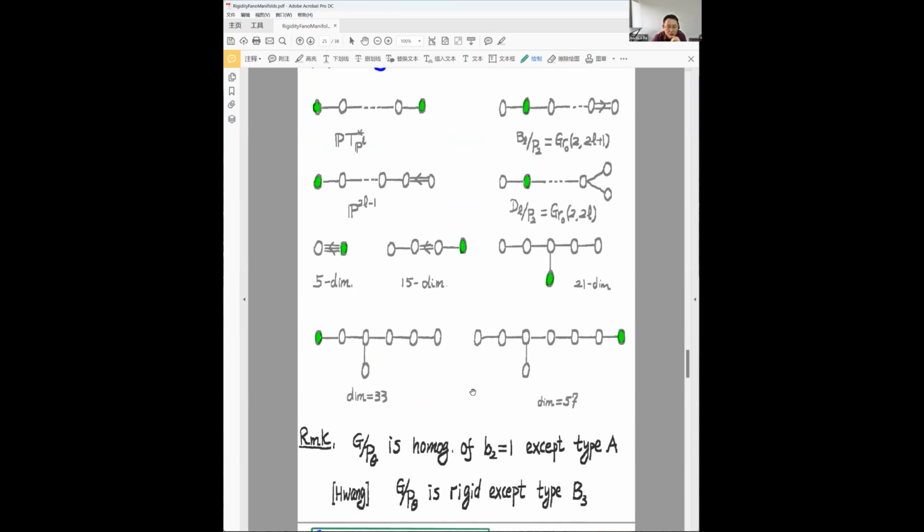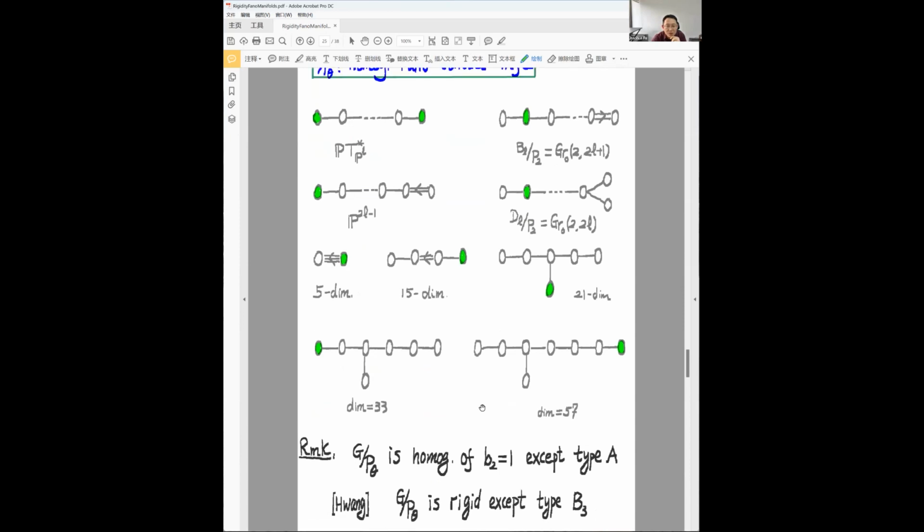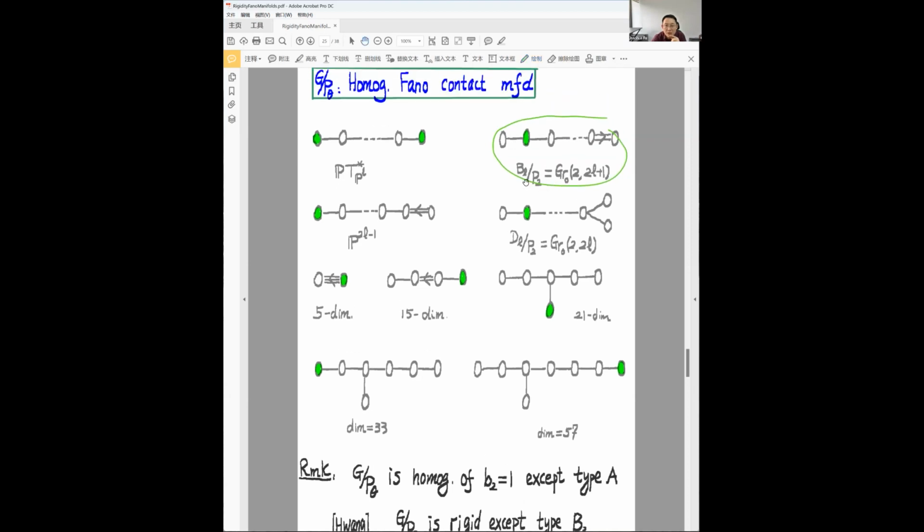There's one particular example of this, for example, this B3 mod P2, which appears as a VMRT. Also, we have seen this B3 mod P2 will become an exception, which is not rigid under the Fano deformation.